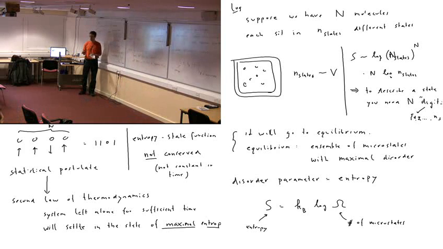Energy you can fix: if you don't let energy go into a system or out of a system, then it will stay fixed. It can change from kinetic to potential energy and so on, but the total energy will stay fixed. Entropy is different, and entropy will simply increase until it reaches that value of maximal disorder. So entropy is not a conserved quantity, and that will play an important role when we actually start computing things.